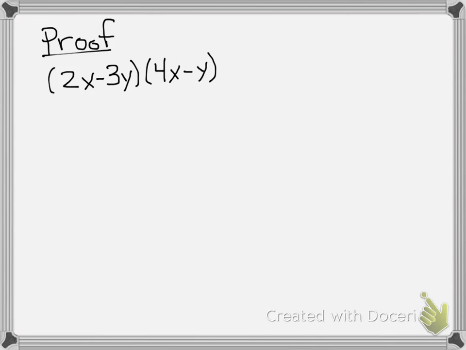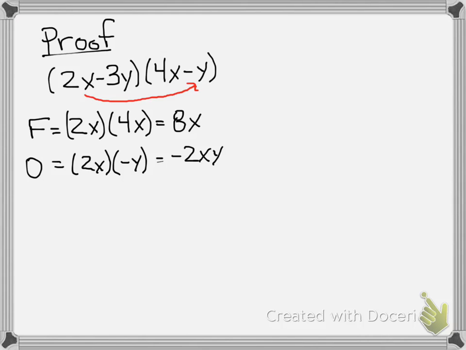Okay? So I'll just prove it really quickly. Here's the example that I said was the correct one. We use our FOIL, which is 2x times 4x, which gives us 8x squared. Sorry, that should be an 8x squared. And then we've got our outside term, which is 2x times negative y, which gives us negative 2xy.